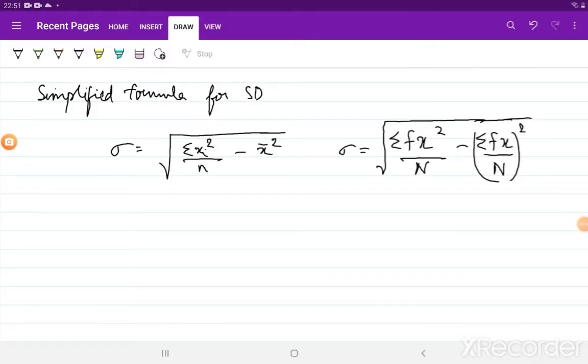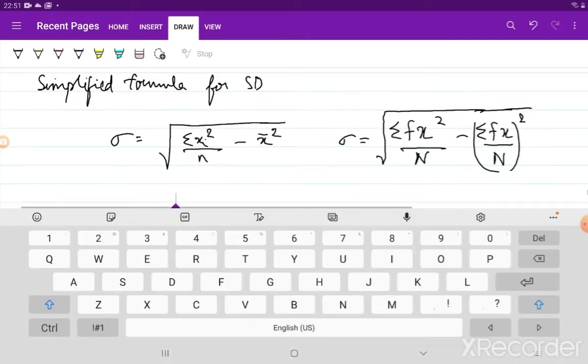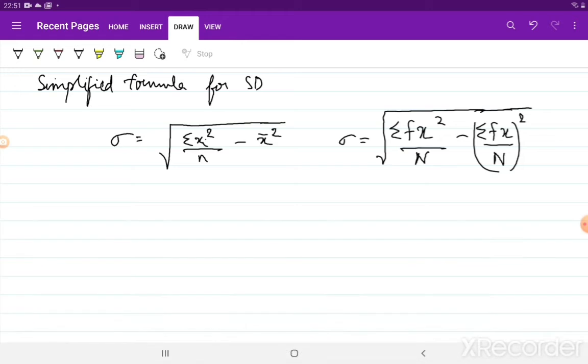Now, this simplified formula is actually derived from the original version that I wrote earlier, that is sigma equals the square root of summation xi minus x bar the whole square divided by n. So when you expand that formula, you can actually derive these equations.